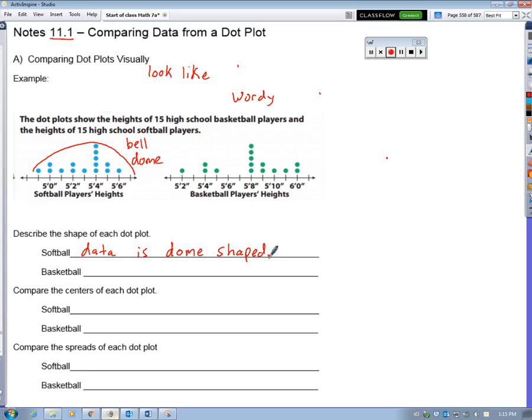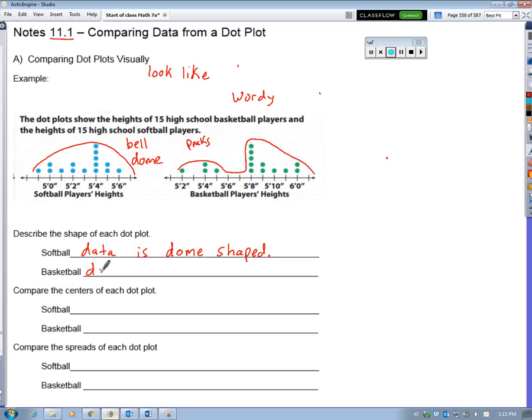And if we compare that to what basketball looks like, we have a small dome here and it kind of goes flat, and then we have a larger dome over here. They call these peaks. So we got a peak here, a gap, and another peak. If we wanted to describe what basketball looks like, this one's going to be a little bit more wordy because there's more going on.